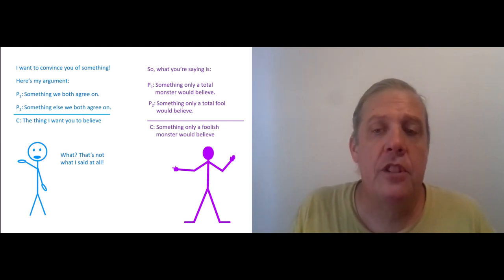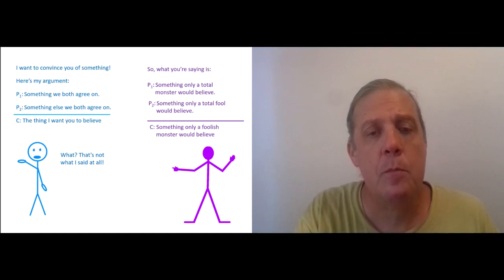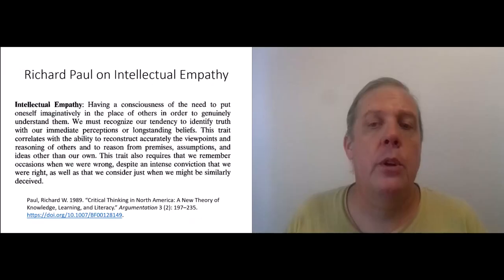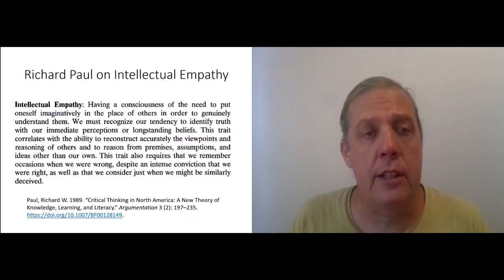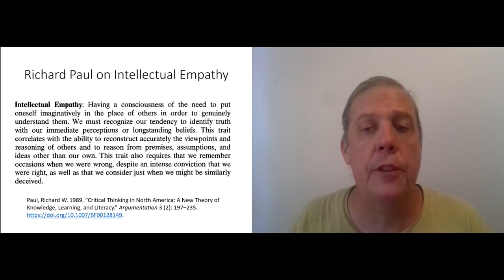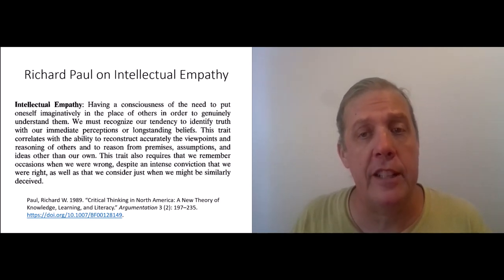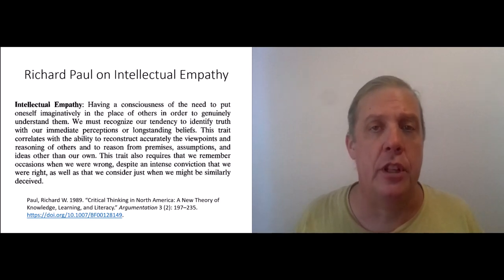Because philosophers tend to focus only on the cognitive aspects of this exchange, when they try to think about intellectual empathy, they come up with things like this. So this is Richard Paul. He and his partner, Linda Elder, have had big careers as scholars of critical thinking. They are the authors of critical thinking textbooks, and they are promoters of critical thinking education in general.